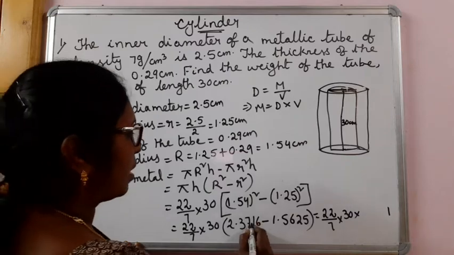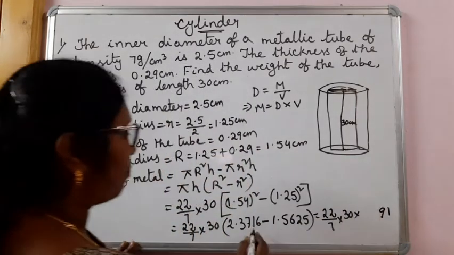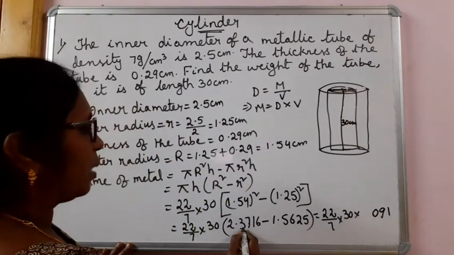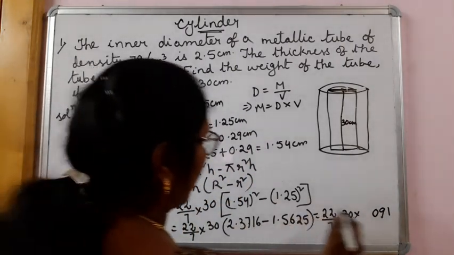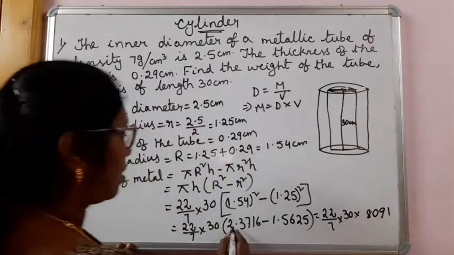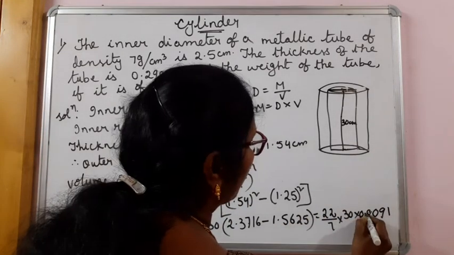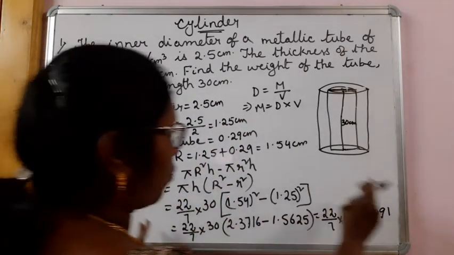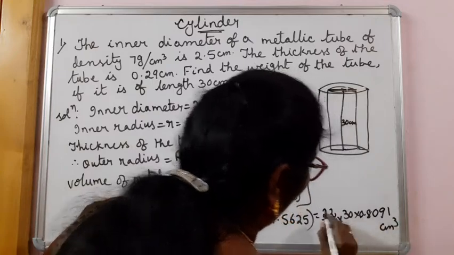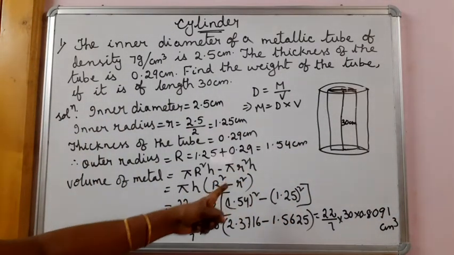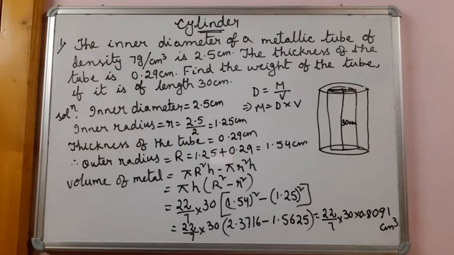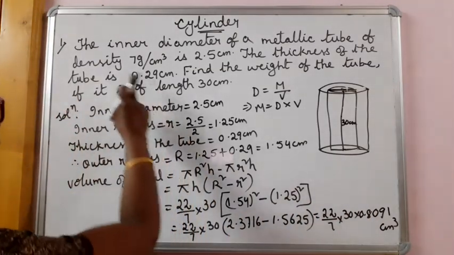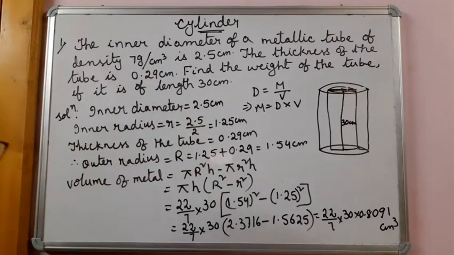Here carry 1, 11 minus 2 is 9. Here 6 minus 6 is 0. 3 carry 1, 13 minus 5 is 8. Here 1 minus 1, 0. So we will get 0.8091. So this is the volume, in cm cube. This much cm cube is the volume of the tube or volume of the metal. I am not simplifying this. And the density is also given to us, 7 gram per cm cube.